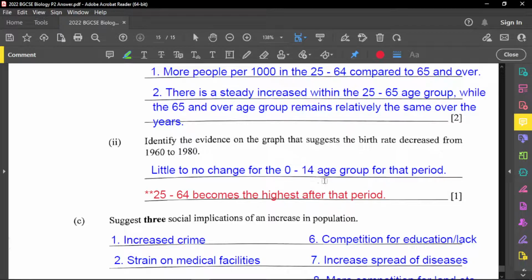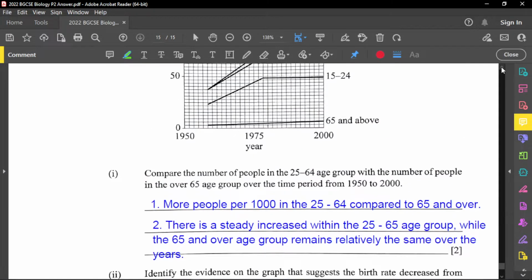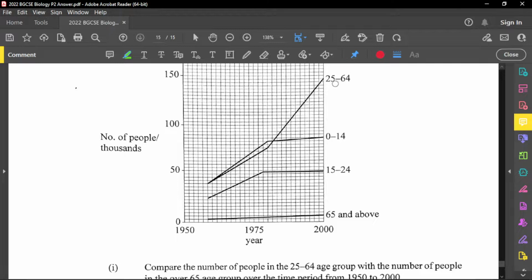So after 1980, notice that the 0 to 14 group was no longer the highest. But before that, it was the highest. After that period of time it is no longer the highest because the 25 to 64 becomes the highest after 1980. All right, so before 1980, however, it was really the highest one.